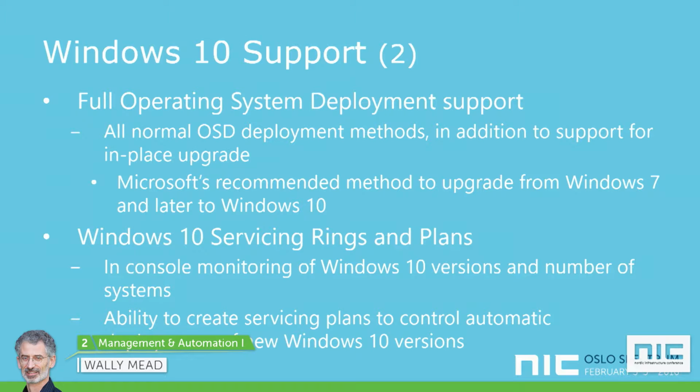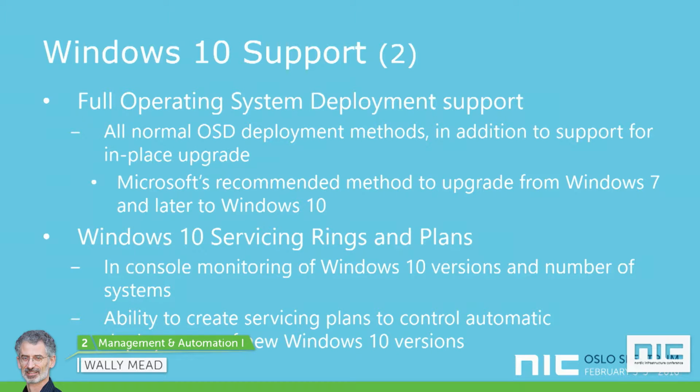Another very cool thing in the Windows 10 support is what's called Windows 10 servicing rings and servicing plans. You can create servicing plans in Configuration Manager to control when you automatically deploy new builds of Windows 10 out to your environment.